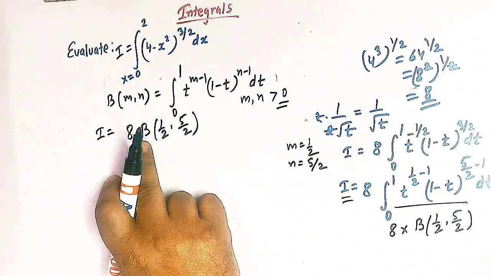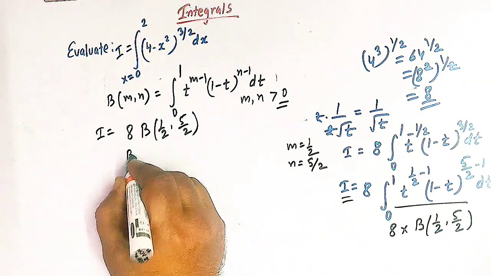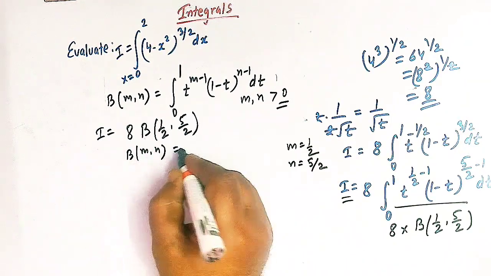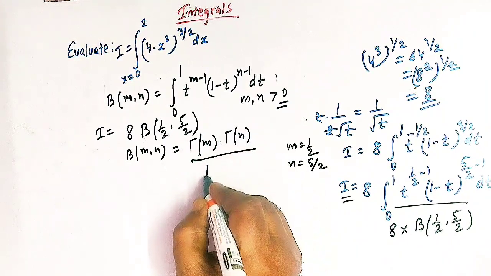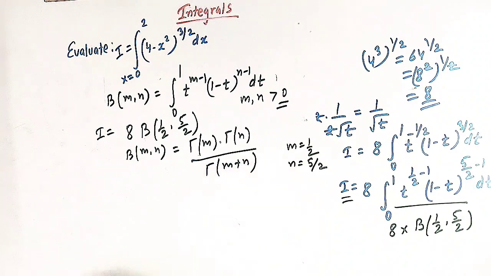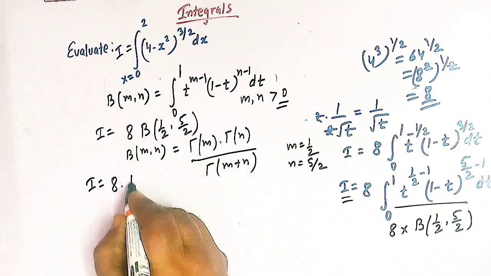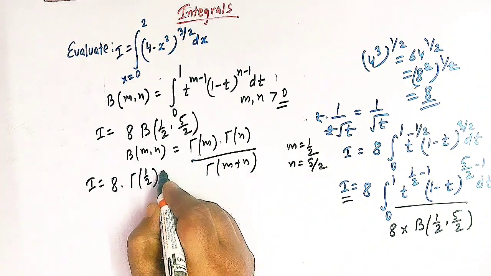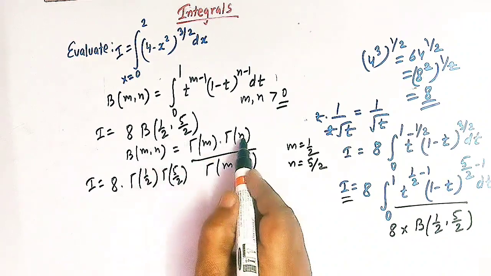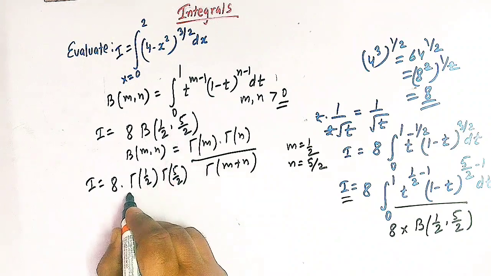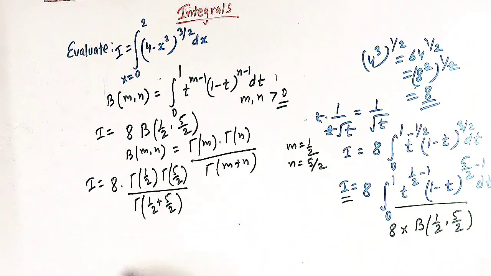Now we can convert this beta function in terms of gamma function, and we know that beta m comma n is given by gamma m times gamma n divided by gamma of m plus n, right? So this integral I is now 8 times gamma of half, here we have gamma of 5 by 2, because m is half and n is 5 over 2, and here we have gamma of half plus 5 by 2, right?